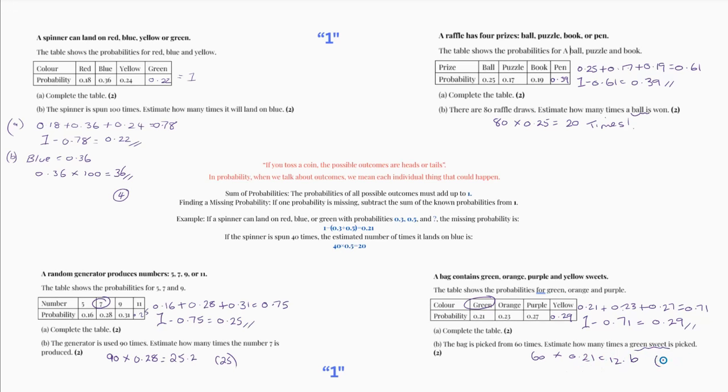But you can say 12 if you so wish. If they ask you to write it, all you're going to do is put green is picked 12.6 times. You're just stating what you've done.